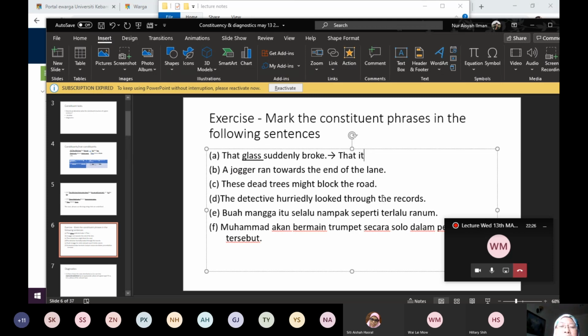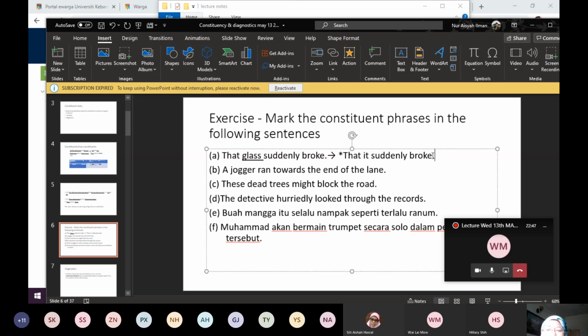That it only broke. Then you will get what we got just now. It's ungrammatical. That it suddenly broke.